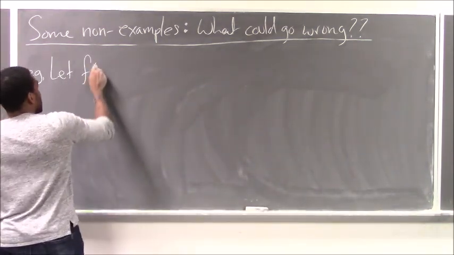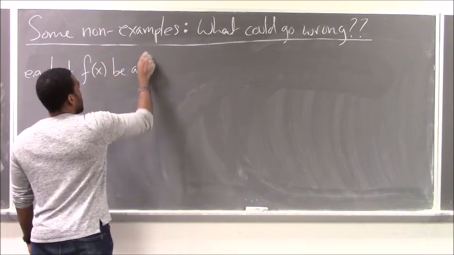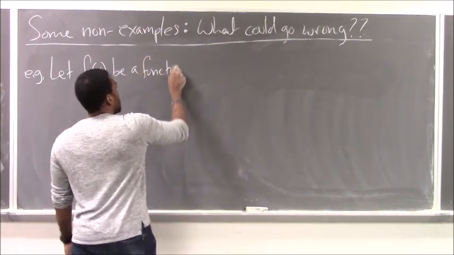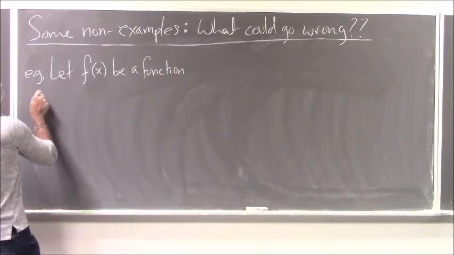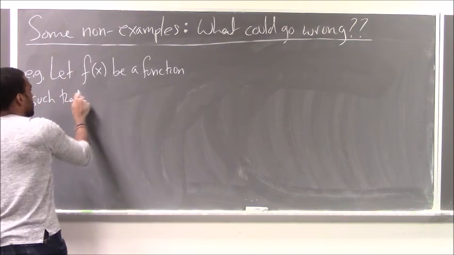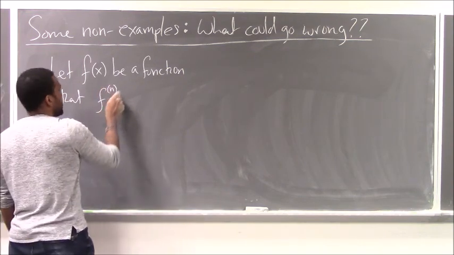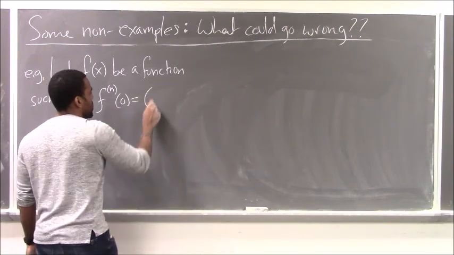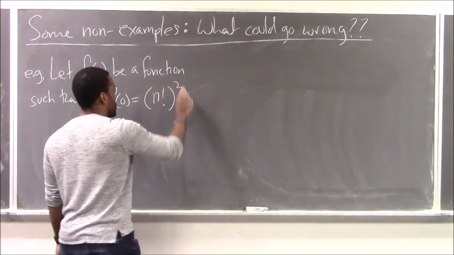But let f of x be a function such that when we take its nth derivative evaluated at 0, we get n factorial squared.